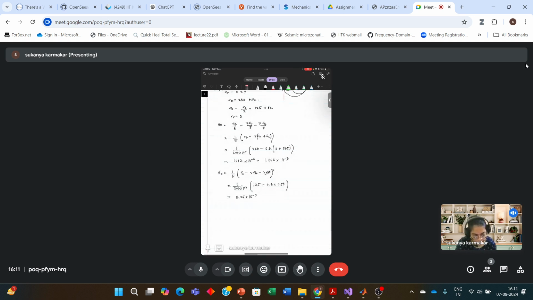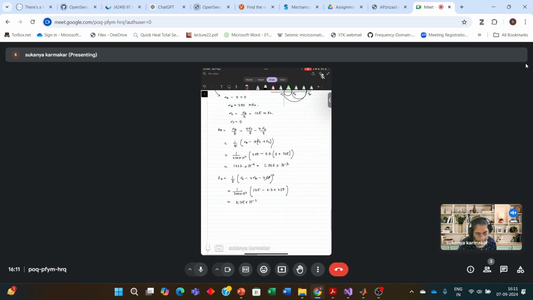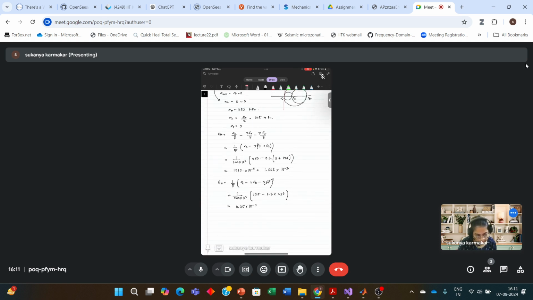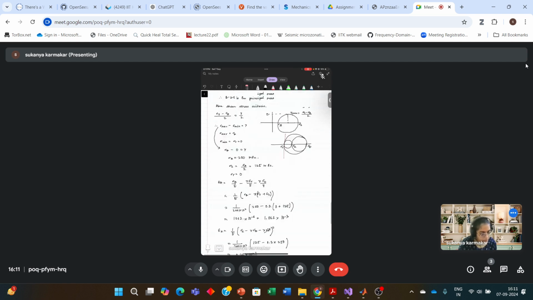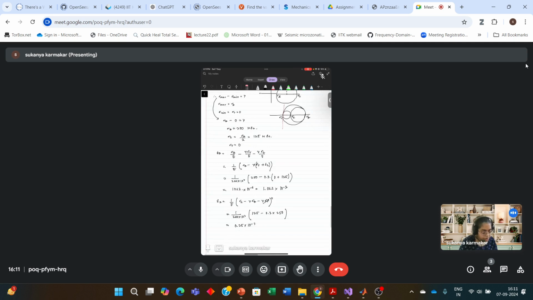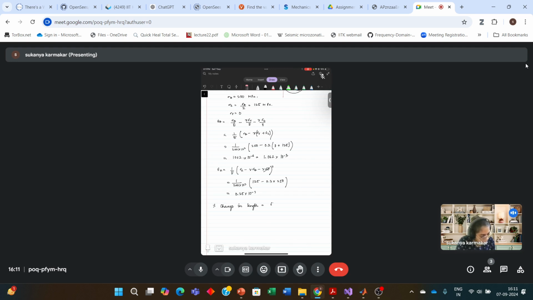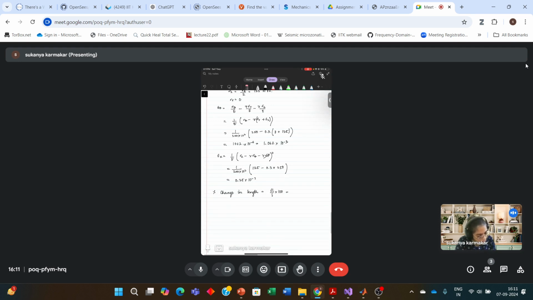Now I have to calculate the change in the length. The change in length is related to the z direction, or epsilon z. So the percentage change in length is delta L by L into 100, and delta L by L is epsilon z.